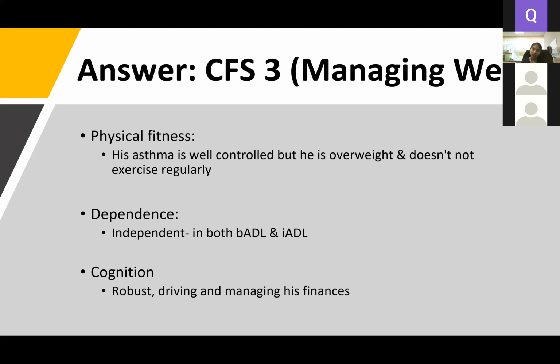So this gentleman, in terms of fitness, his asthma is well controlled, but he's overweight and he does not regularly exercise. So that's why he's in CFS 3 and not 1 or 2. In terms of dependence, he's independent in both his BADLs and IADLs. In terms of cognition, he's a very robust person. He drives and he manages his finances well. So this is an example of a well patient who is in CFS 3.